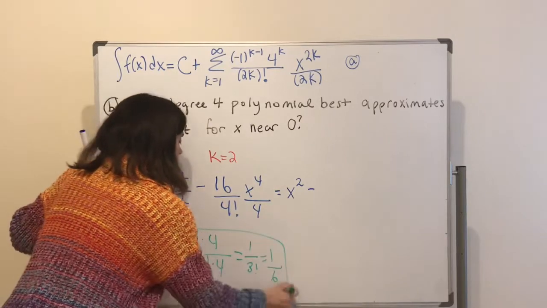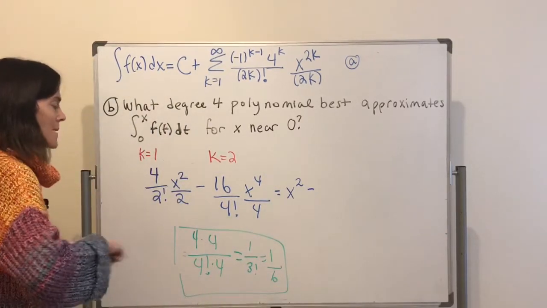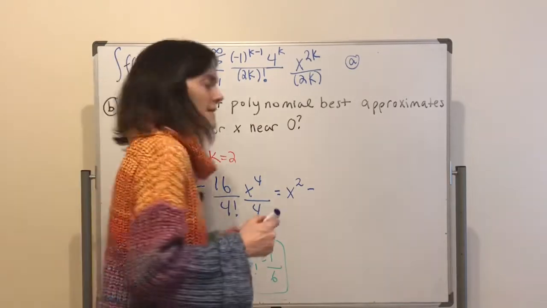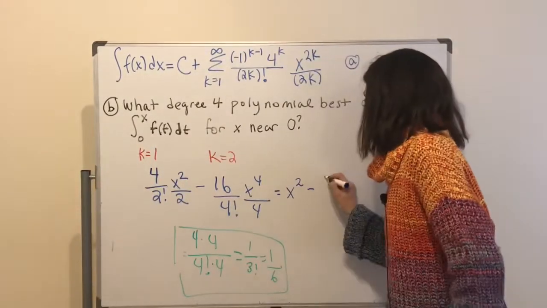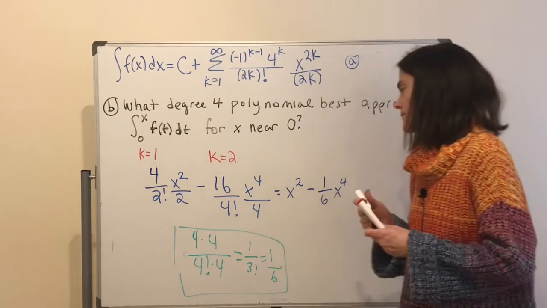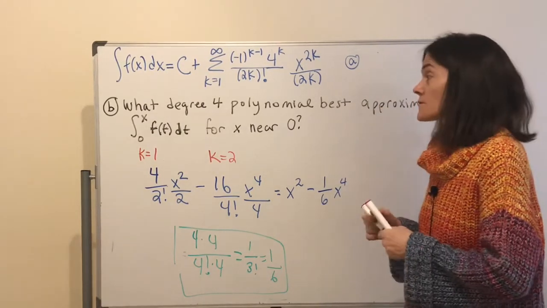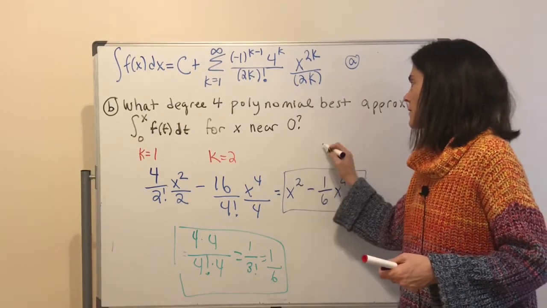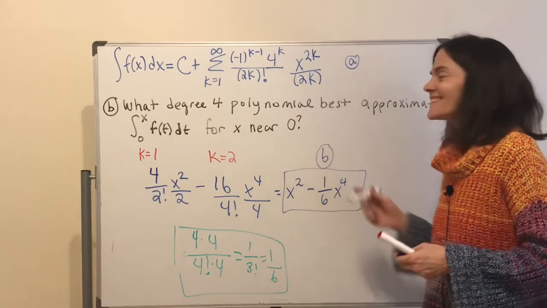So this is a little side work box. My coefficient here is 1 over 6. So this is 1 over 6 x to the 4th. And this is the final answer for B. Okay?